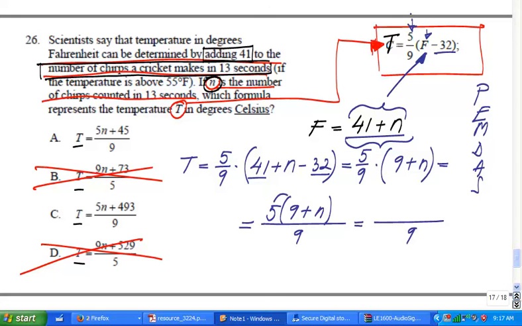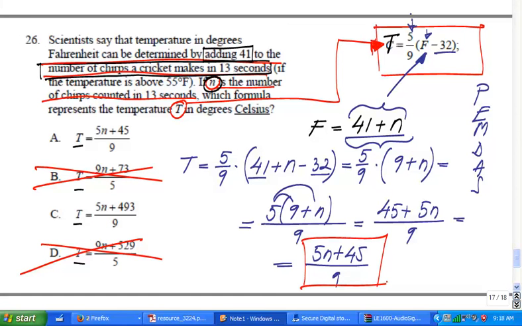Everything over 9, and you have to use the distributive property and distribute that 5 to everything inside the parentheses, and it will be 5 times 9, which is 45, plus 5 times n, which is 5n. We remember that addition is commutative, so this top one, I can write as 5n plus 45, everything over 9.